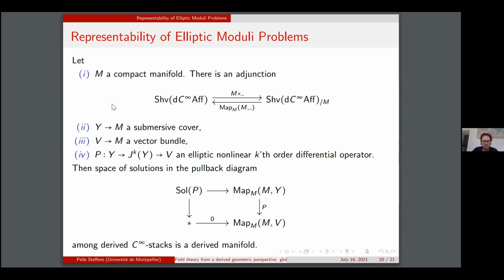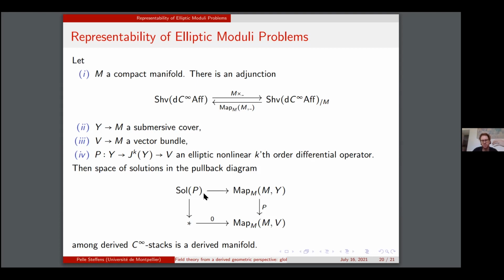What I should say about this is that the reason one should be happy with this result is that to define this space of solutions, at no point did I use a word like Frechet space or Banach manifold, or any of the terminology that usually comes with looking at the global geometry of these moduli spaces.